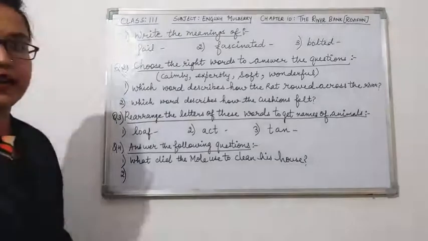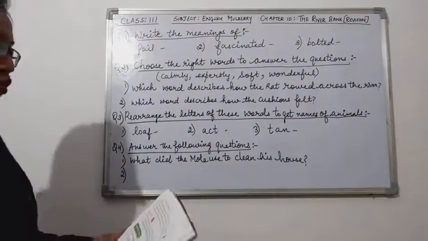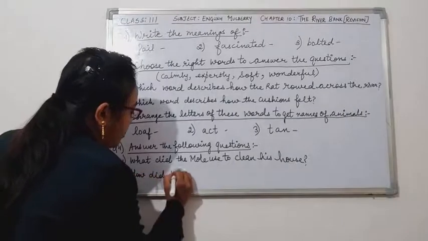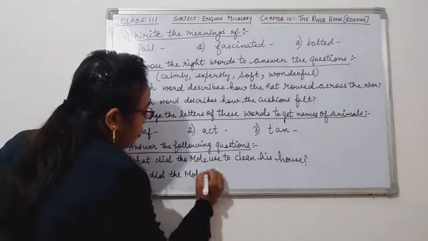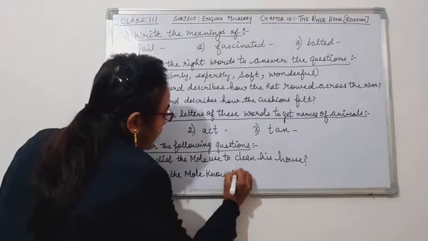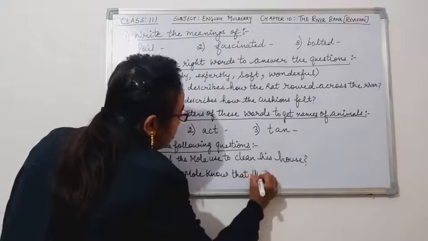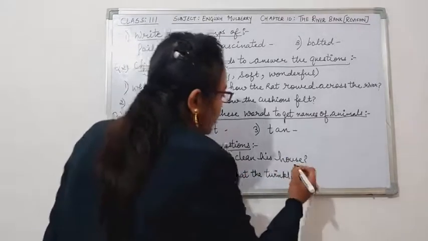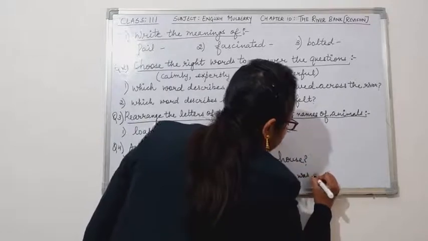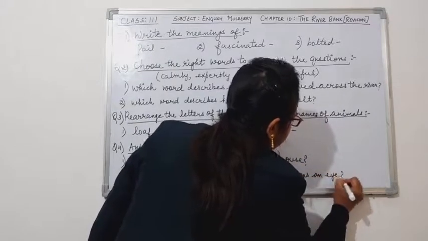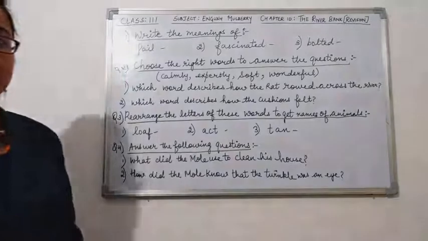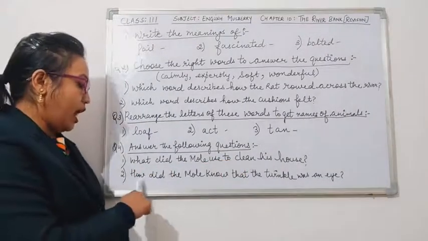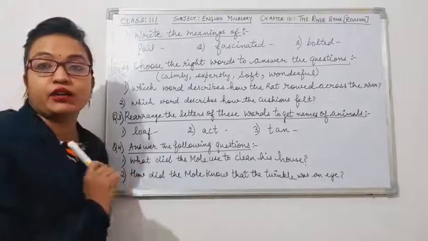And second question is, how did the mole know that the twinkle was an eye? First one, what did the mole use to clean his house? And second one, how did the mole know that the twinkle was an eye?